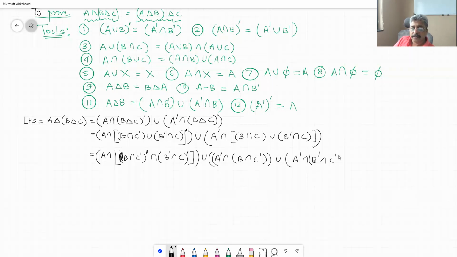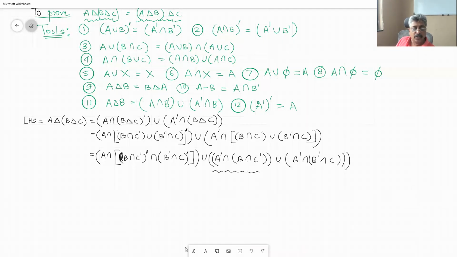Okay, this bracket complete and another bracket. So now you can see that these two terms, A dash intersection B intersection C dash union A dash intersection B dash. Sorry, this should be C only. B dash intersection C. So two are complements, one is normal. That is what these two brackets are. So further simplification of these two brackets is not available.